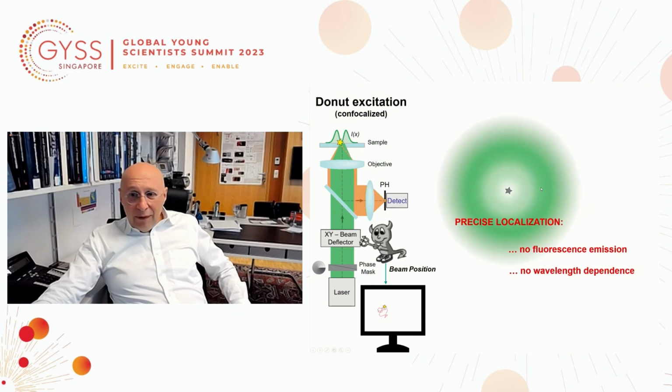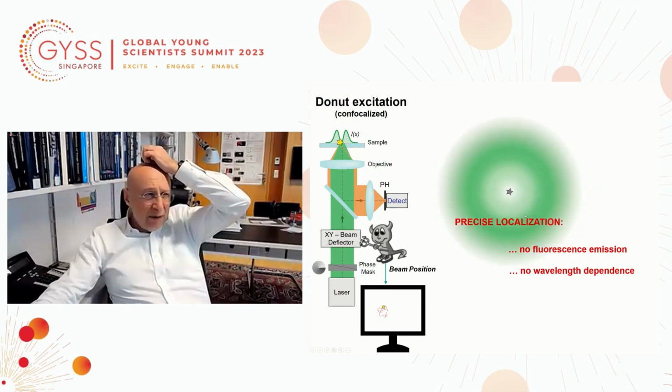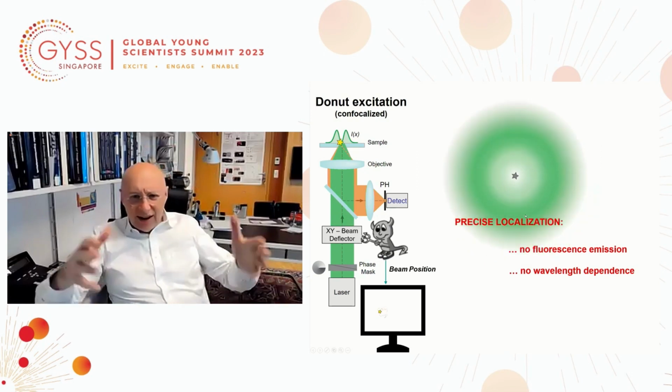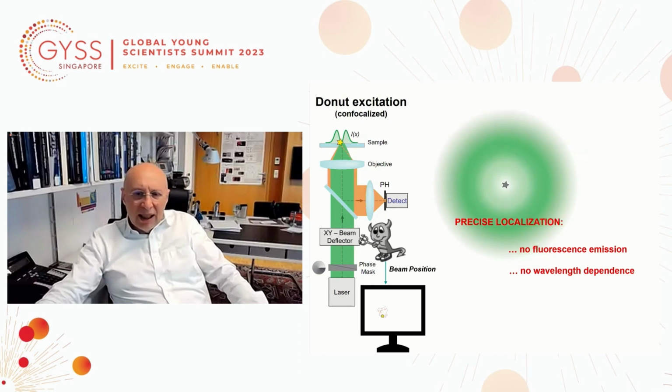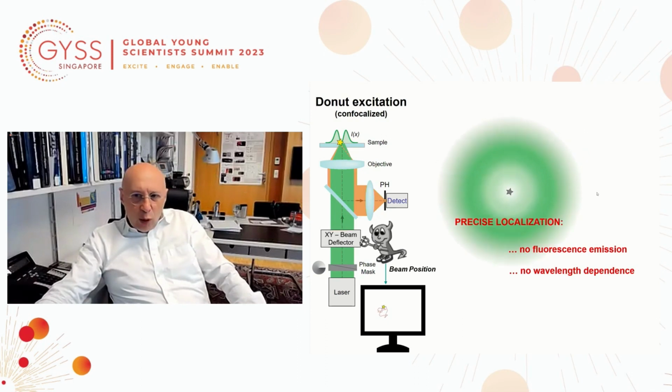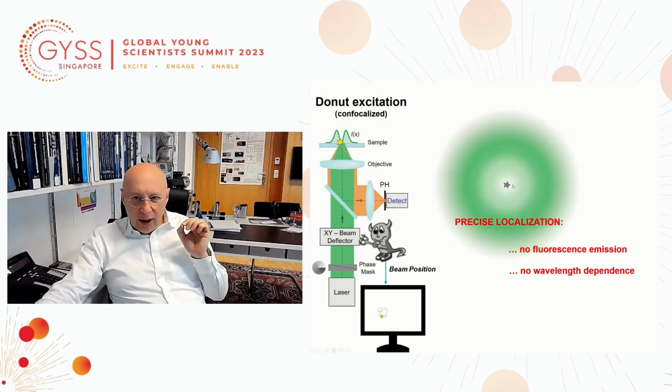And then there's another point. There is no wavelength dependence anymore in the scheme, which is striking if you're a physicist and say, oh, come on, this is all diffracted beams of light. Why should there be no wavelength dependence? It's in retrospect not surprising. Why? Because what we do in this concept is we match 2 points. The molecule is a point, sort of, and the zero of the donut is a point.